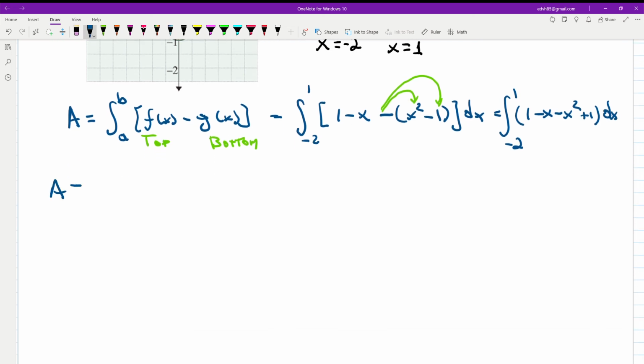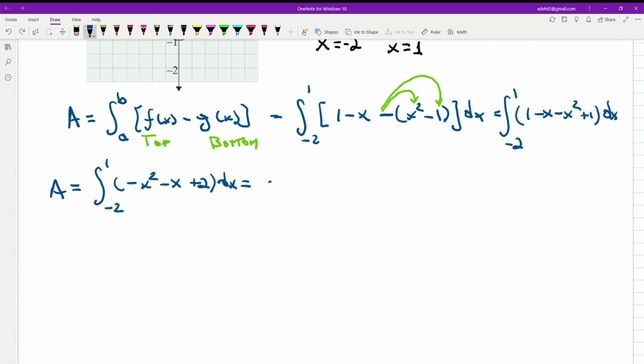So that's area equals, let's combine like terms at the same time. Let's write everything in descending order of powers. That's -x squared minus x plus 2 with respect to x, which in this case is going to be the integral of, well, we no longer write the integral symbol.